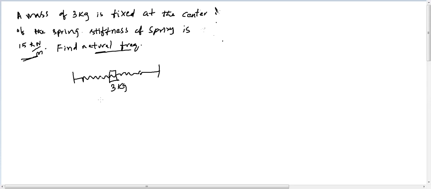Now we can say that these two parts will be in parallel.